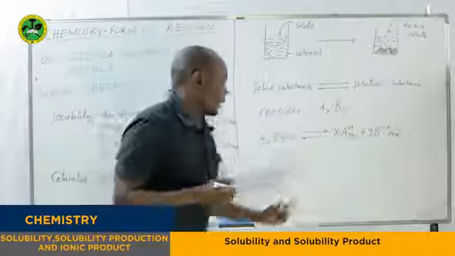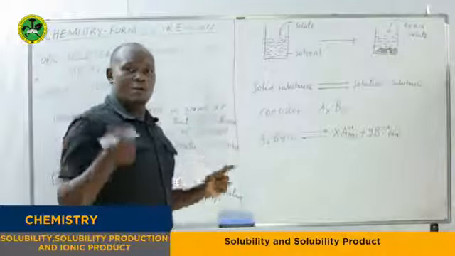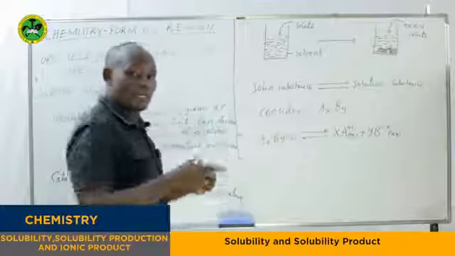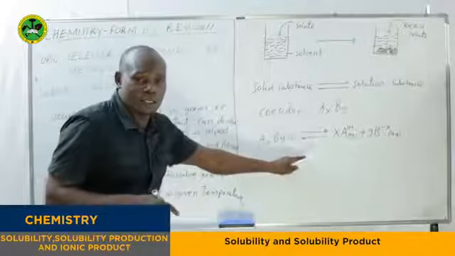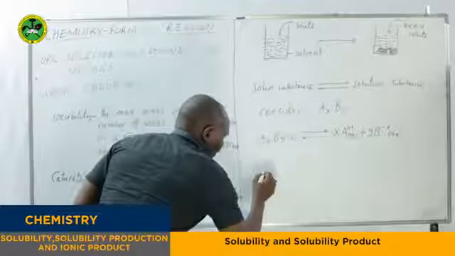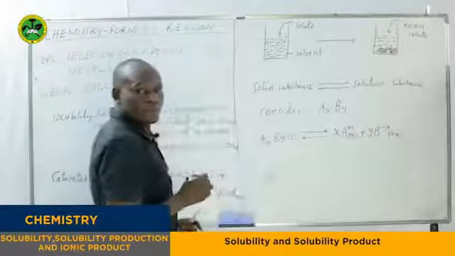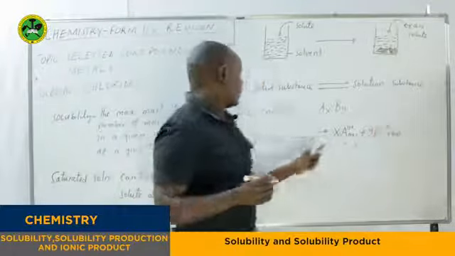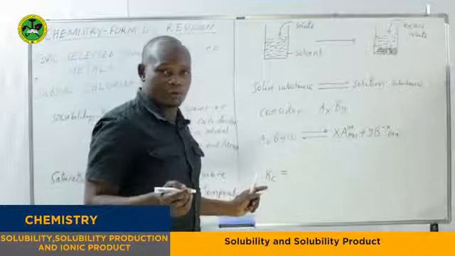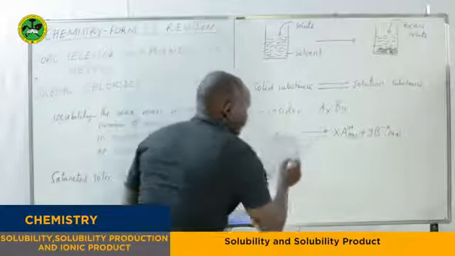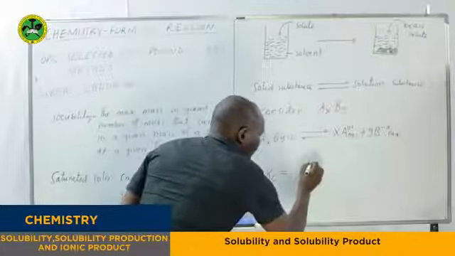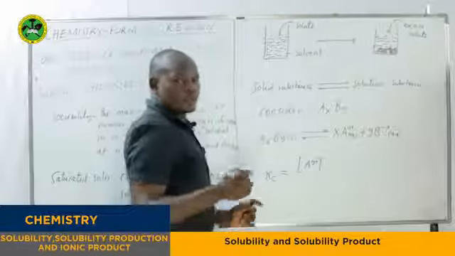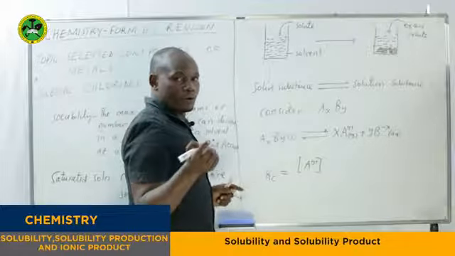Now, during dissolution, if we go back to the law of mass action, since this is an equilibrium reaction, an equilibrium constant Kc is established. Kc will be equal to the concentration of the products divided by the concentration of the reactant, according to the law of mass action. So here you will have the concentration of A^y+, raised to the power of its stoichiometric coefficient, which is x. You remember the law of mass action.